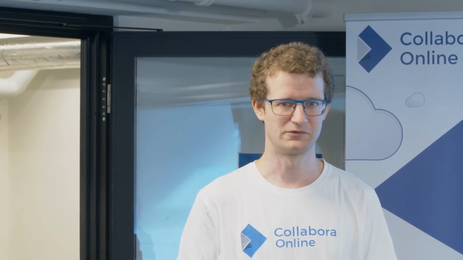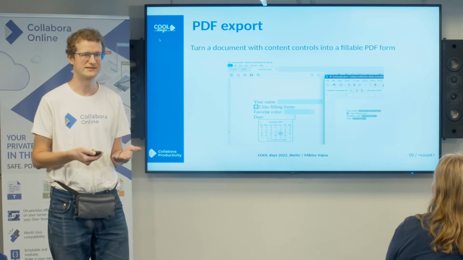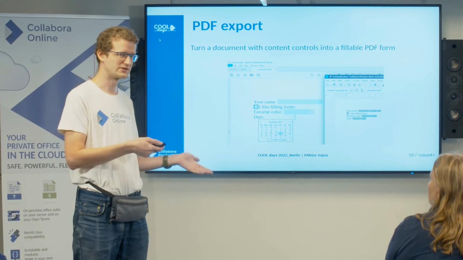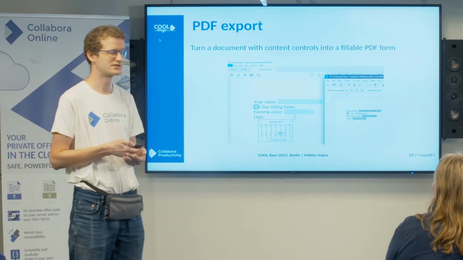Also, this does not really interact with styles, so you really need to manually specify what font and font size and color you want to use in control shapes. And wouldn't it be nice if content controls were part of the Writer layout, so you can use Writer styles there. And then wouldn't it be nice if we would also export content controls to PDF as fillable forms, and then all this styling would just work.